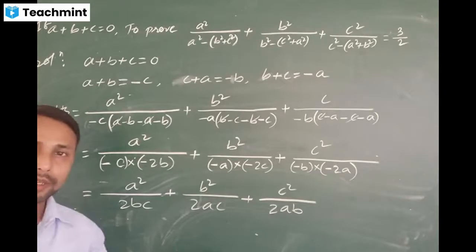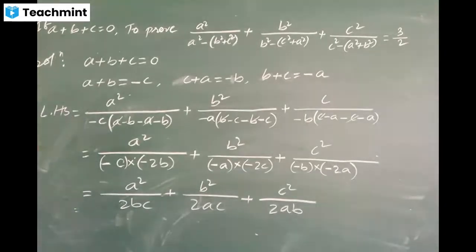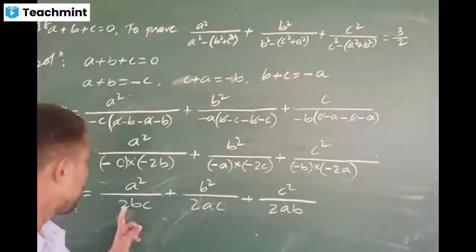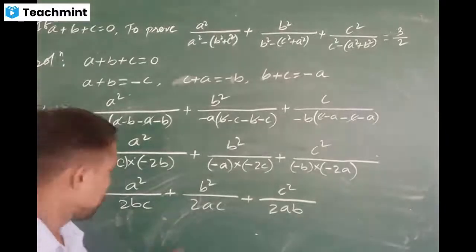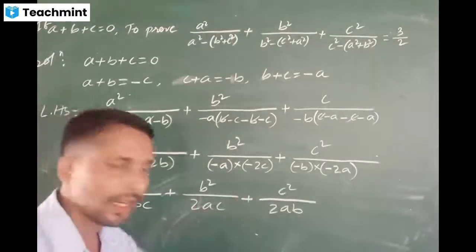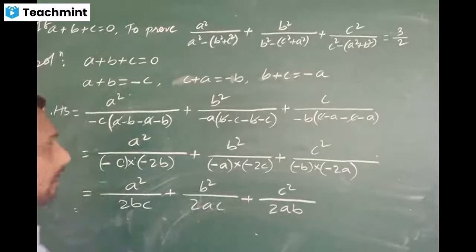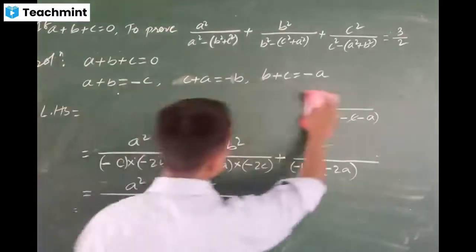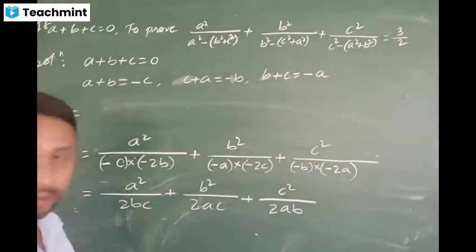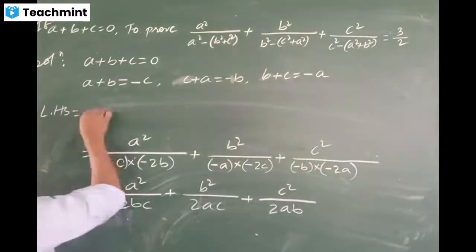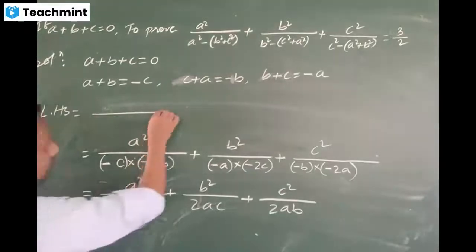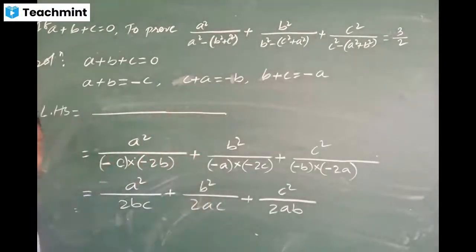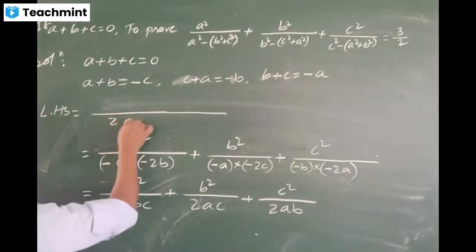Okay. Now, next step, you have to take the LCM of twice bc, twice ca, twice ab. I hope you have completed. From each of these, what will we get? Twice abc.